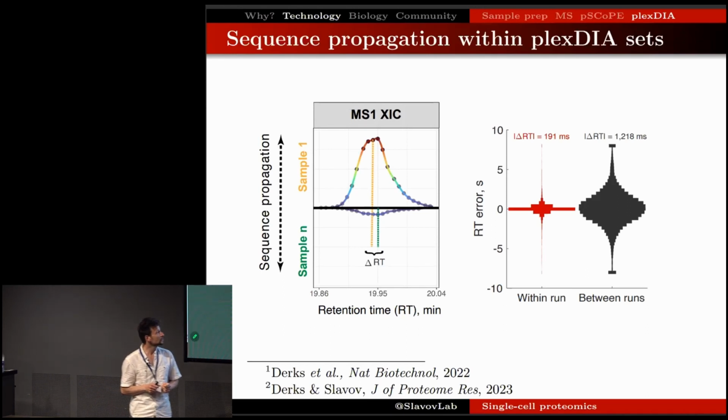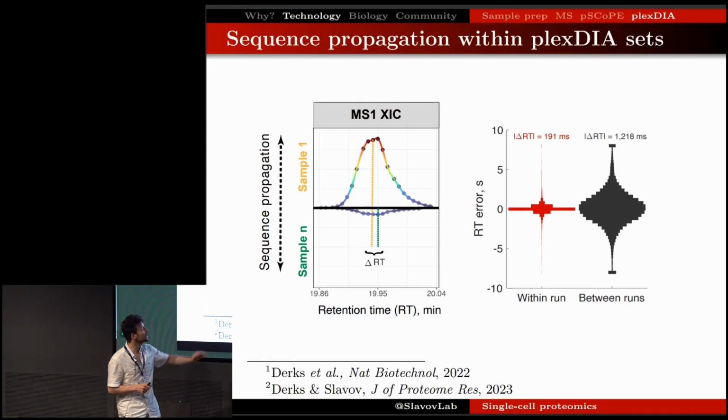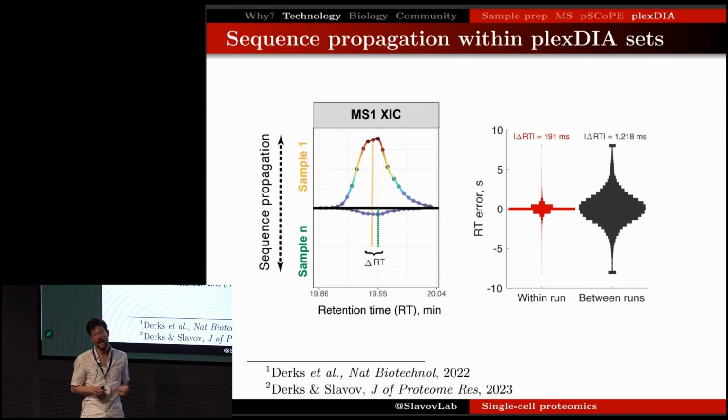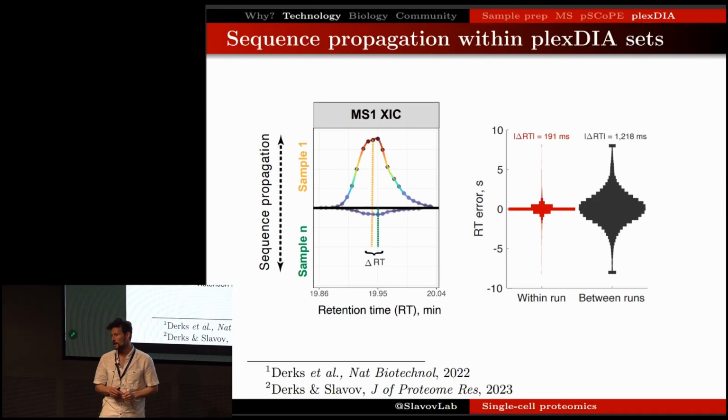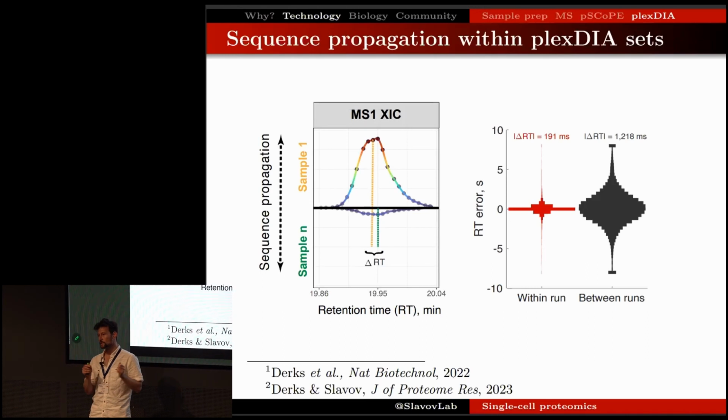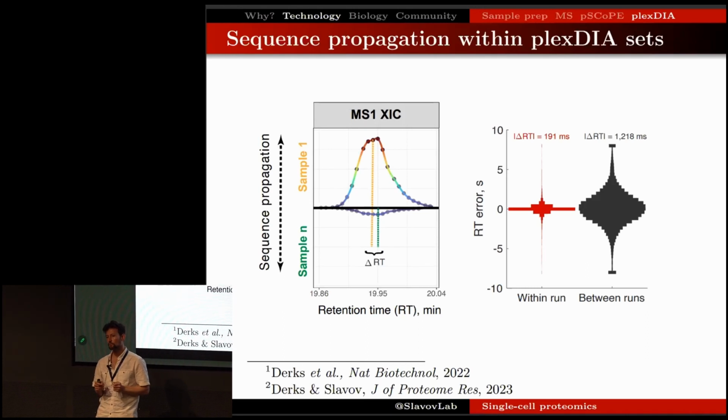And when Jason Derks did that, we saw that the retention time errors were very, very small within a run, much smaller than what we see with the best alignment possible between runs. And this retention time precision within a run gives us a lot of statistical power to be able to consistently detect precursors and fragments between different channels.